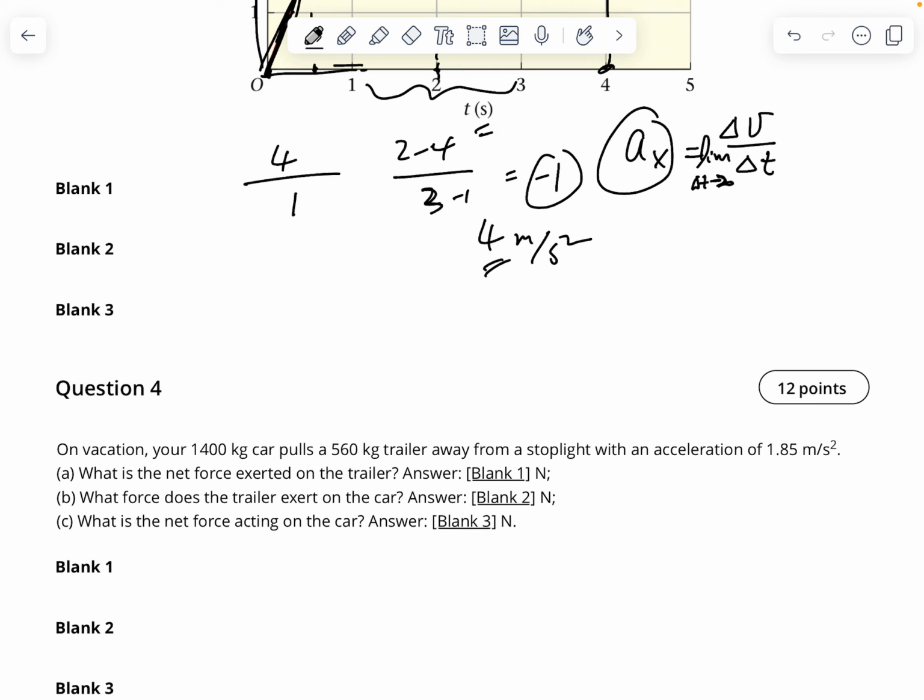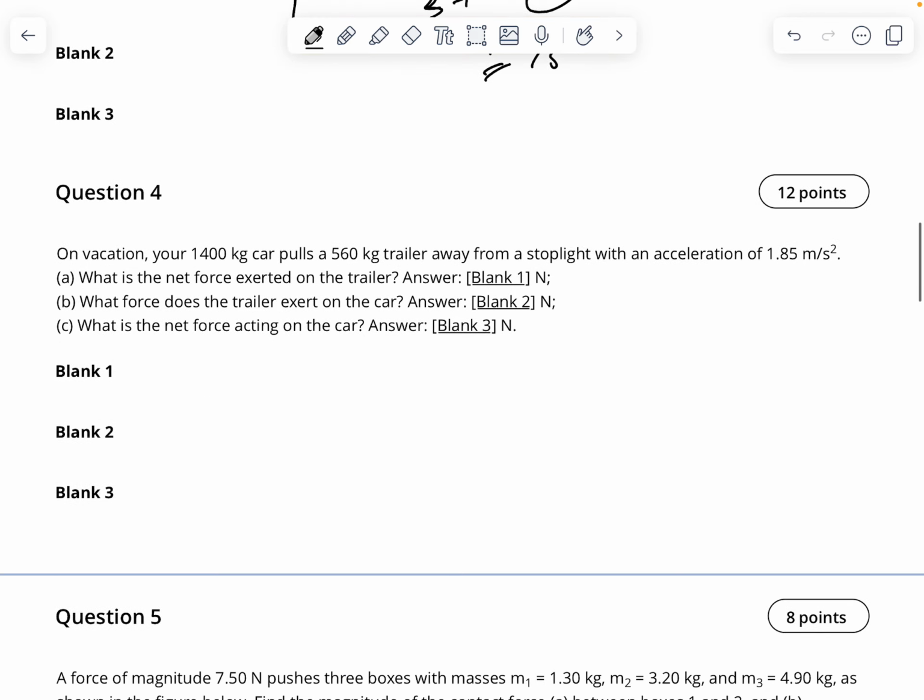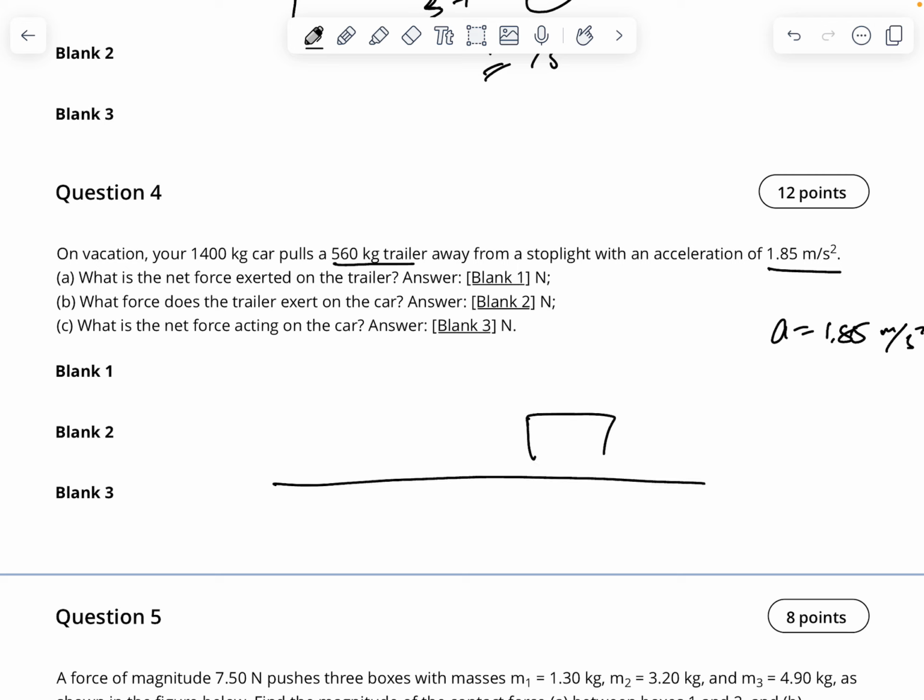All right, next one. On vacation, your 1400 kg car pulls a 550 kg trailer away from a stop light with acceleration a equal to 1.85 meters per second squared. What is the net force acting on the trailer? So this is a car, and you have a trailer.